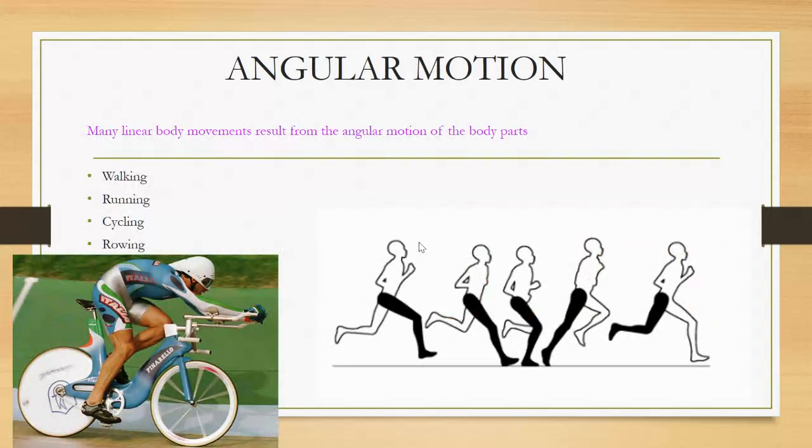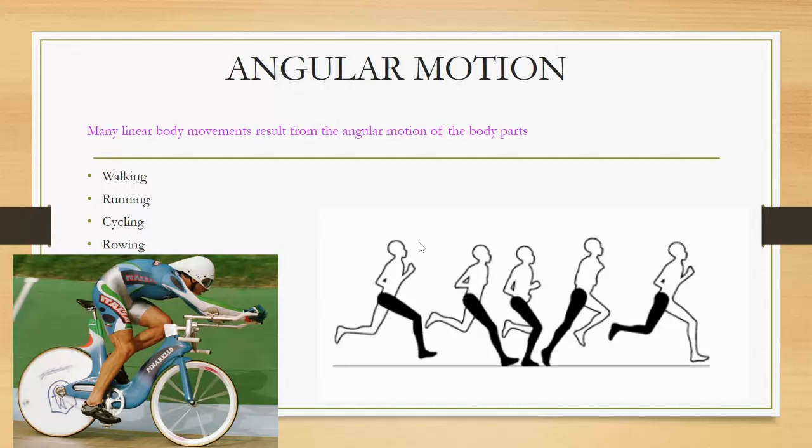Many linear body movements result from angular motion of body parts. So even though you're moving in a linear direction like this cyclist or this runner, they're both moving in rectilinear motion going forward as a whole. But if you look at the cyclist's legs, they are rotating around the pedal, causing the wheel to rotate, propelling the bike in a rectilinear motion.